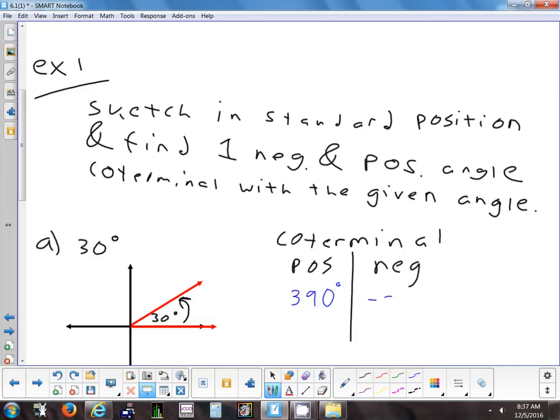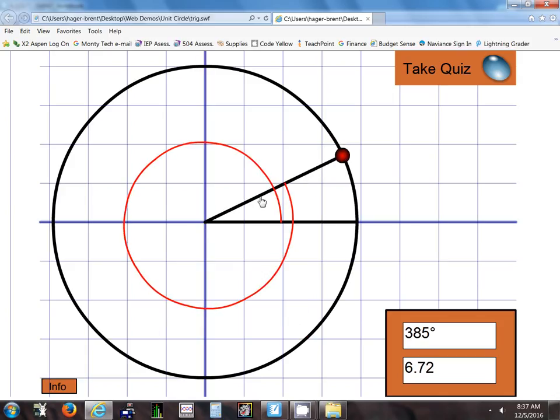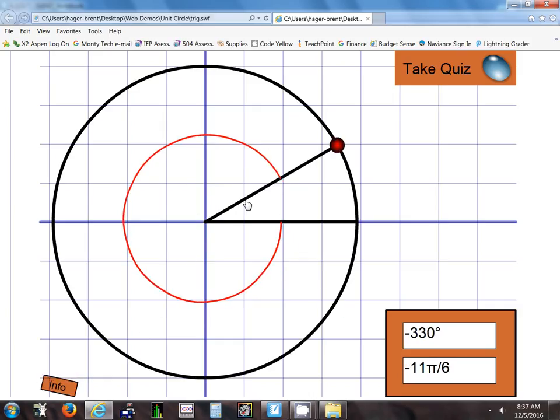Yeah, negative 330. And you can see that very easily if I just go like this. Okay, there's 30. There's 390, exact same initial and terminal sides. And there's negative 330, same initial and terminal sides.